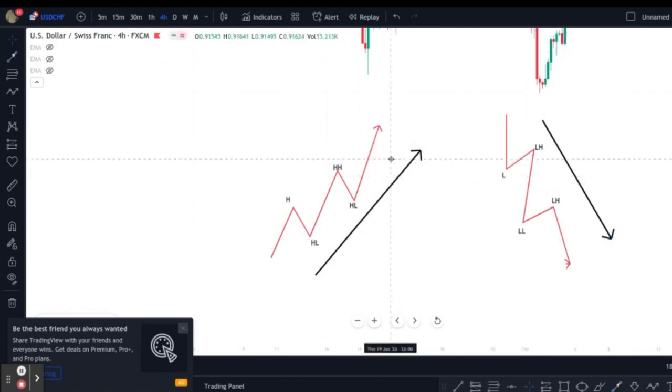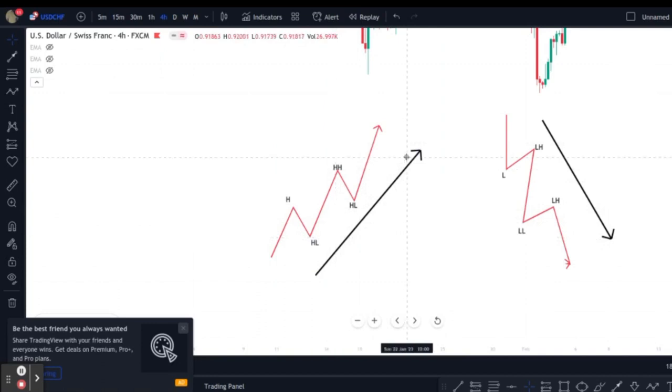So how do we make use of these two analyses after confirming that a market is in uptrend? If you see that a market is in uptrend, assuming this is EURCHF, this means that the Euro is overpowering the Swiss franc, which means the Euro is stronger than the other currency, so it is safe to buy.